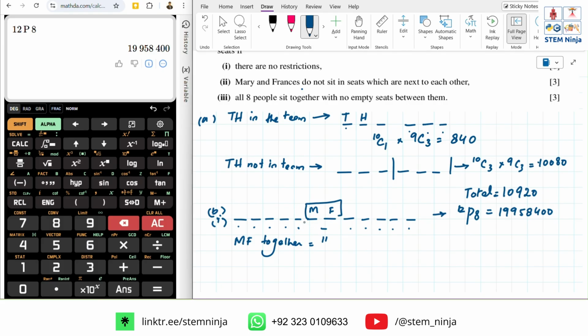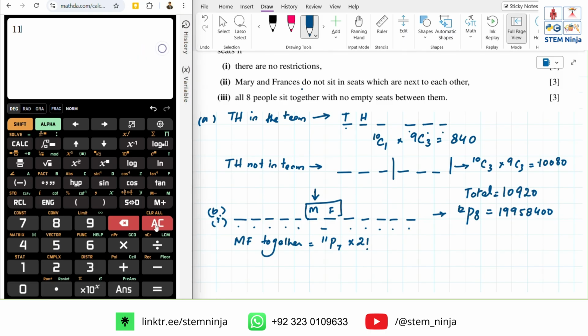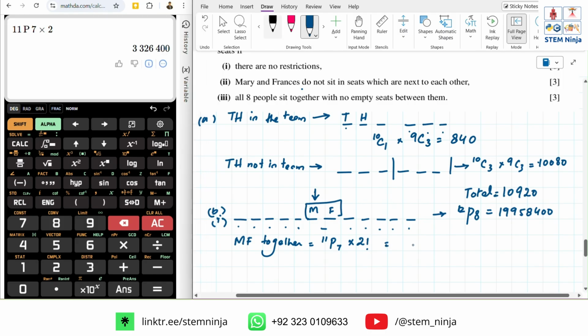Instead of 8 people, there are now 7 because we're considering Mary and Francis to be sitting together. So 11P7. And inside, obviously, they can have their own arrangements also. So 11P7 times 2. So this is 3,326,400.